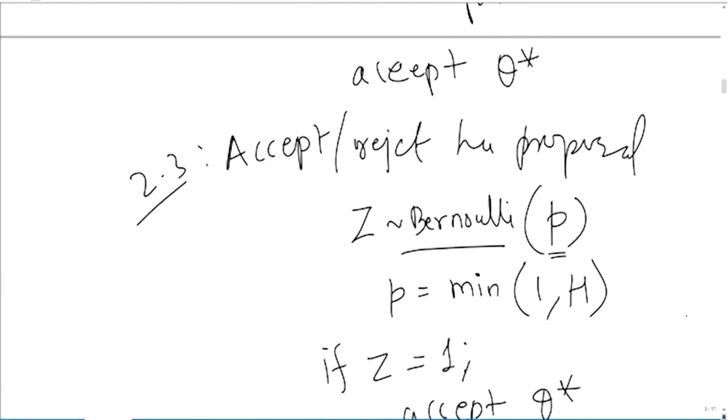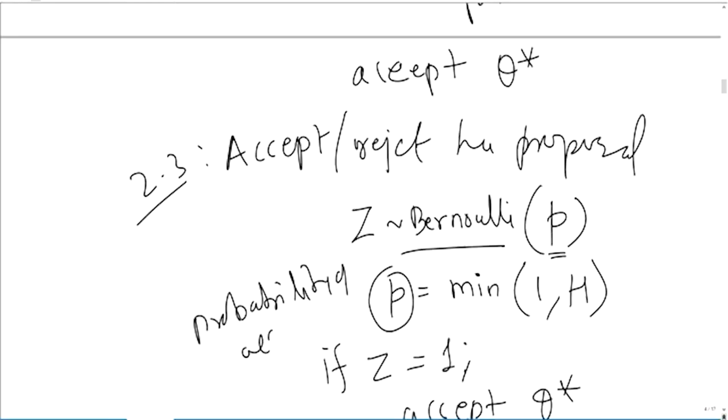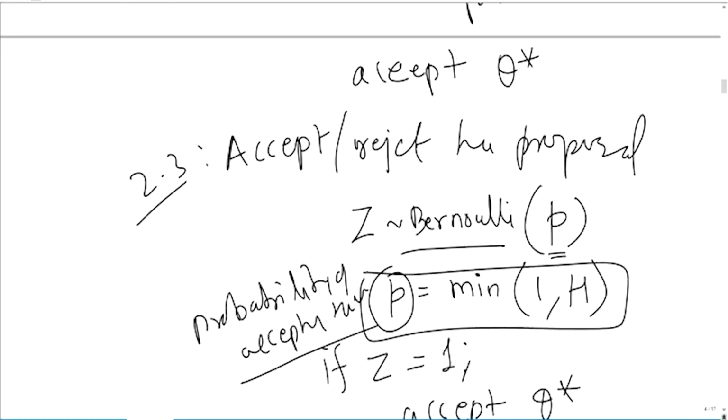From the Hastings ratio you will calculate p, the probability of accepting the proposal. How does it work? Suppose h equals 1.5. If h is greater than 1, then the value of p will be 1, because you are taking the minimum of 1 and h. So if h is greater than 1, the probability of accepting the proposal is 1. If h is less than 1, then the probability of accepting the proposal is h.